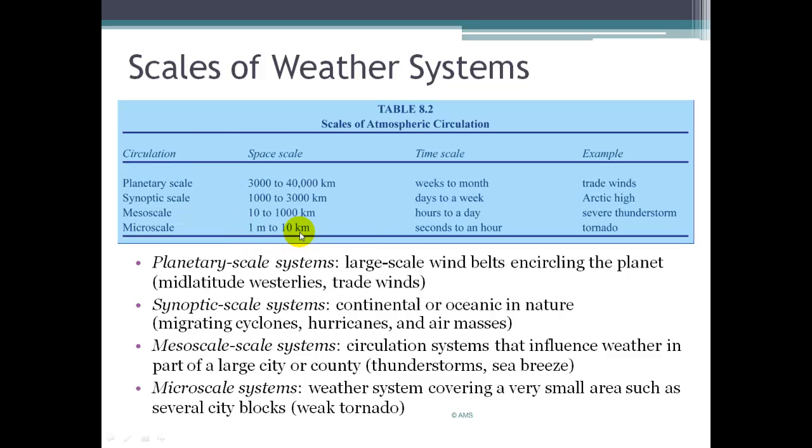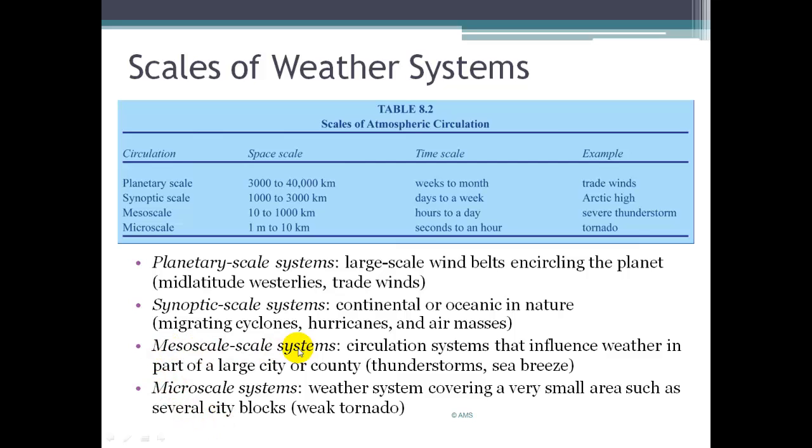So really close to the Earth's surface, very small scale. And the time scale is going to be accordingly micro. So we're talking about things that exist in seconds up to maybe an hour. And an example here would be a very weak tornado. So out west we're more familiar with dust devils and things like that. So a very weak kind of tornado or a strong dust devil would be an example of a microscale system.